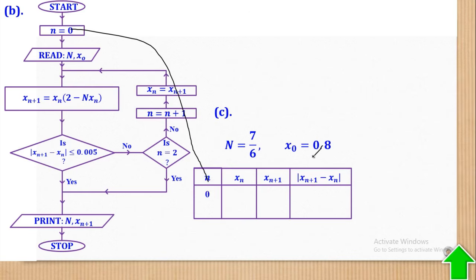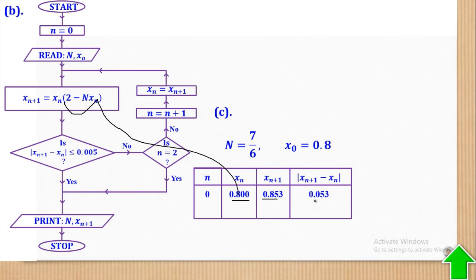Then xn is x naught, which is 0.800. They want two decimal places, that's why we use more than 2. Then when I substitute where there is xn, I come up with 0.853. The difference between the two will be 0.053.